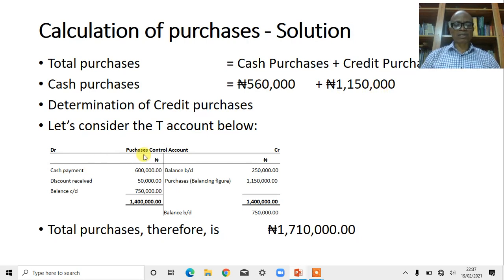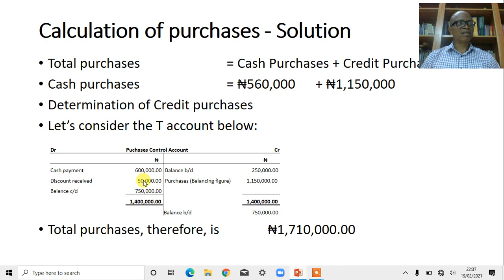Now let's go to our purchase control account. Okay, like we did for debtors, we're now also going to be having a purchase control account. Now remember, it's a liability, so balance brought down will maintain a credit balance. So we have 250,000 naira there. Total amount of money paid to our creditors, those who supply goods, okay, total for that amount was 600,000 naira.